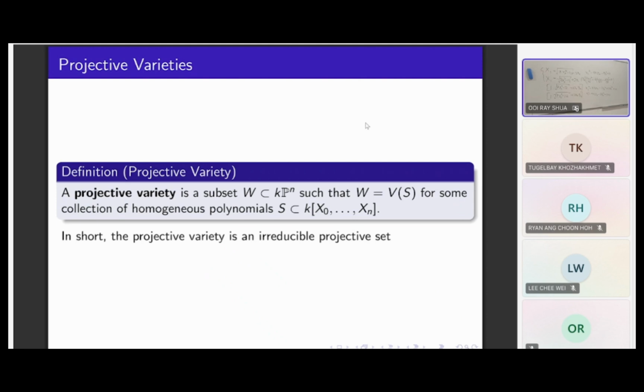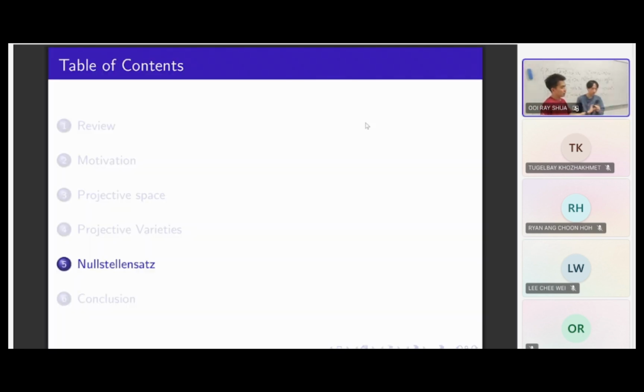So in short, it's just an irreducible projective algebraic set. Okay, another typo here. Yeah. Same. All right, thank you.